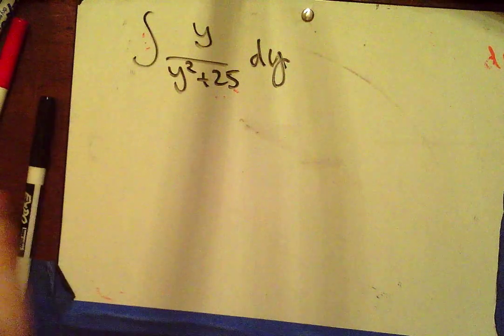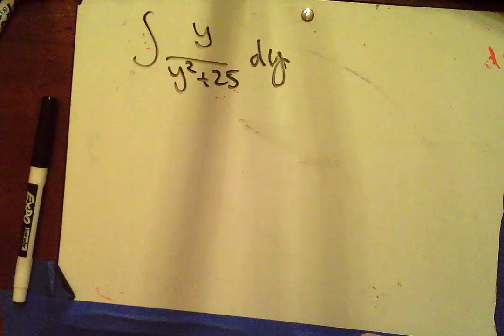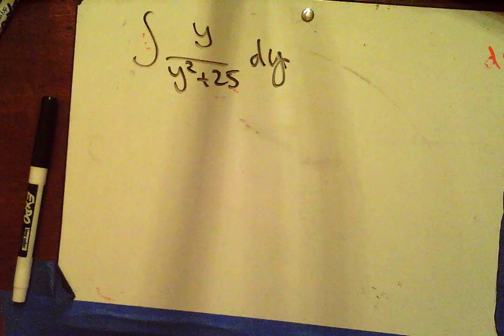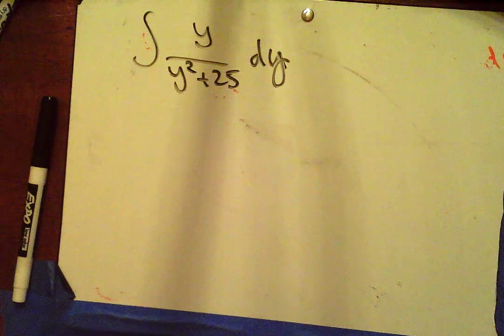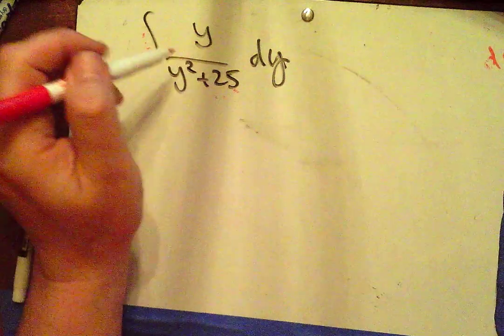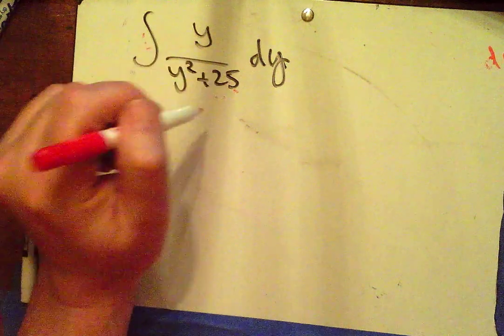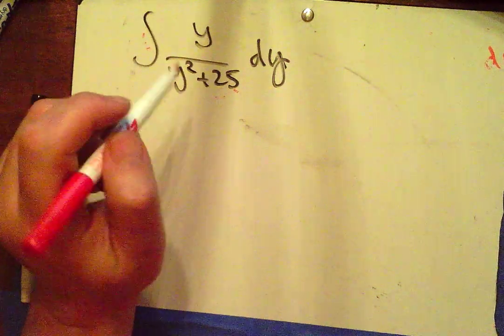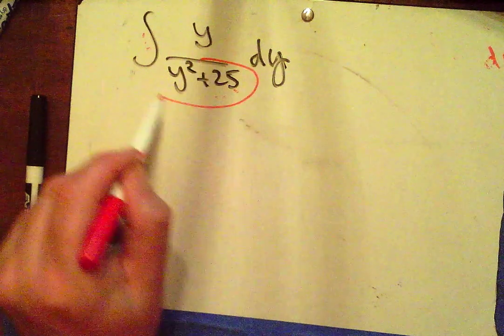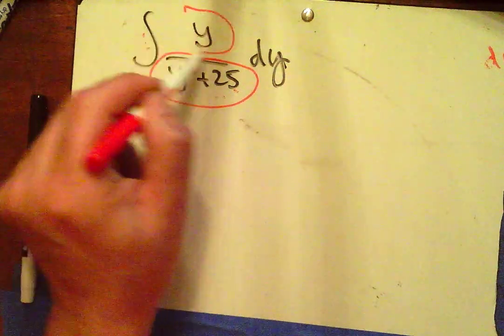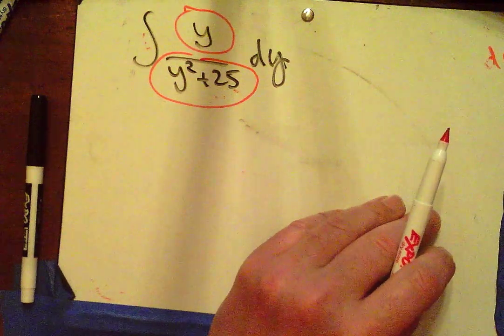What can we do here? By the way, I'm not actually thinking that this is going to be inverse tangent. I know it looks very similar. 1 over y squared plus 25 would be inverse tangent, but this one, no. It is a u sub, yes, because look, I see a function, and I see part of the derivative of that function.